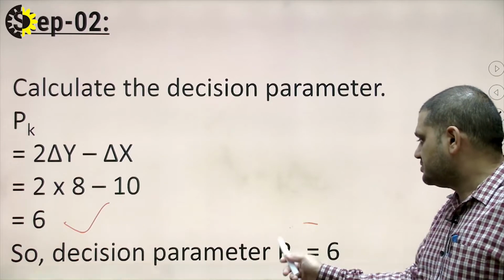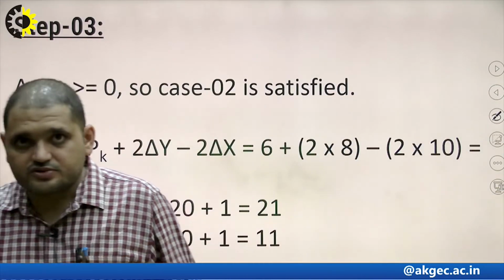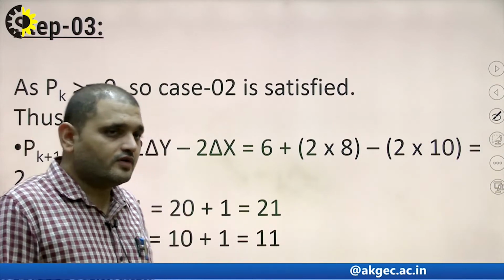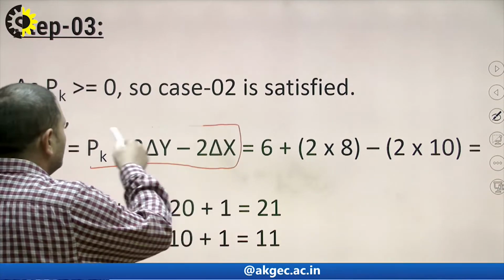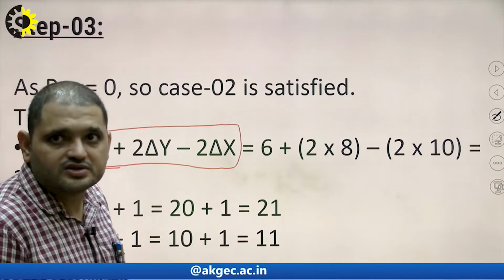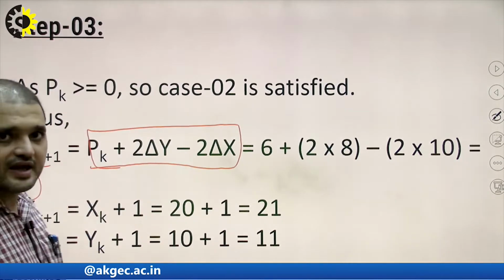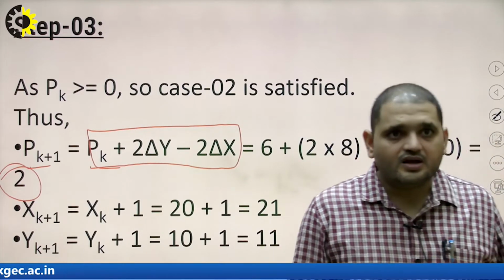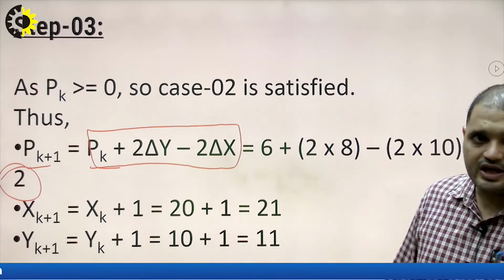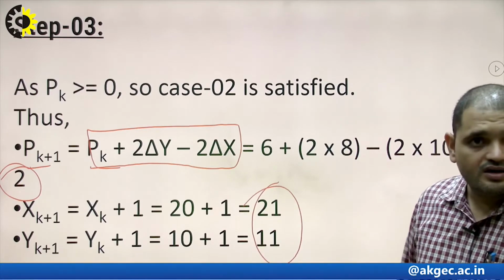Now as pk is greater than or equal to 0, we follow pk plus 1 equals pk plus 2 del y minus 2 del x. Using this we get pk plus 1 equals 2, and xk plus 1 equals xk plus 1 and yk plus 1 equals yk plus 1, which gives 21 and 11.